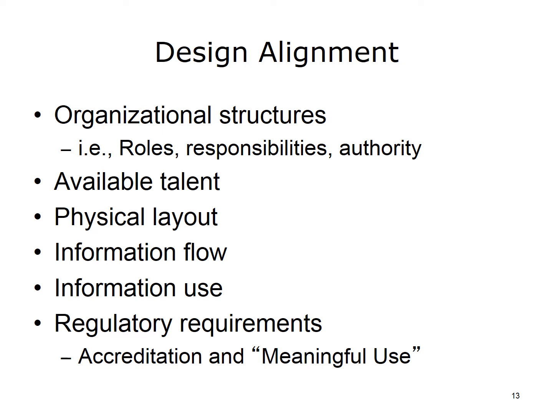Information flow can be assessed by physically walking through information paths to see if the needed information is available, and if the representation by the information systems adequately supports the task. Information use can be assessed by assessing each task to see if the needed information is available, and if the representation by the information systems adequately supports the task.